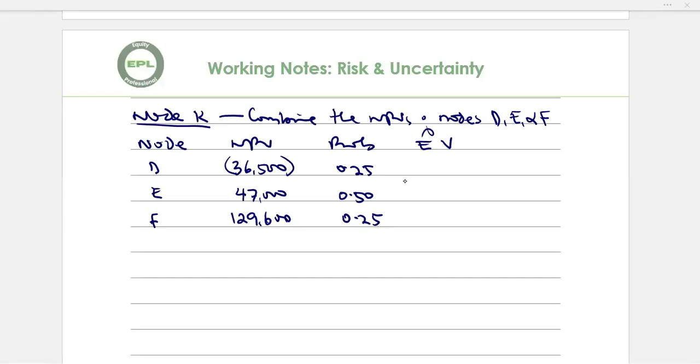36,500 multiplied by 0.25 equals 9,125, negative. Then 47,000 multiplied by 0.5 is 23,500. 129,600 multiplied by 0.25 is 32,400.